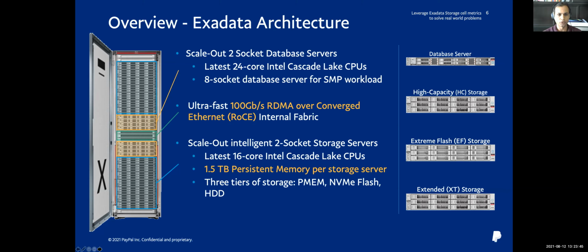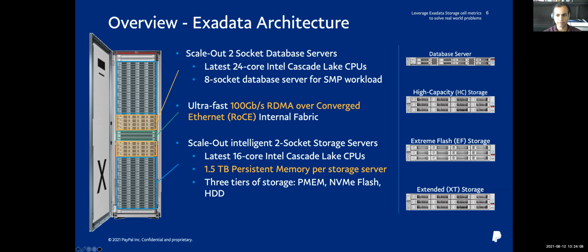In this talk, I will specifically talk about X8M. It's a persistent memory flavor, which is basically 10x faster than the previous generation, in terms of latency and throughput also.